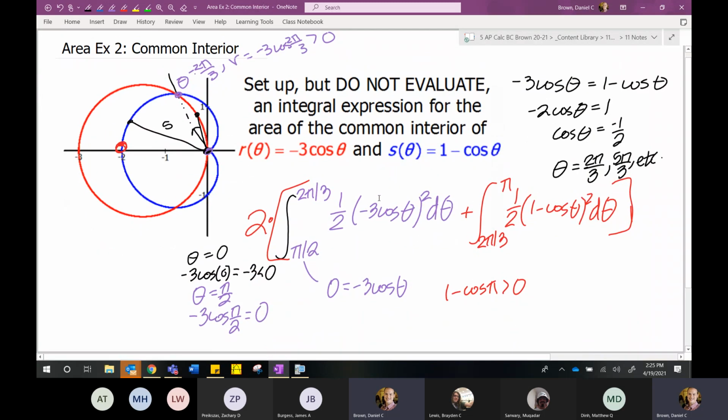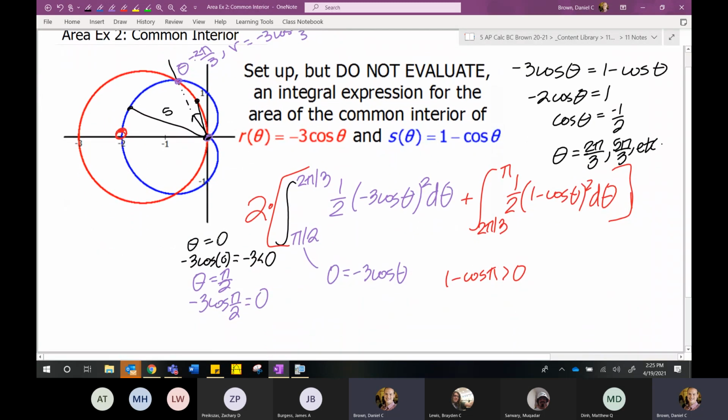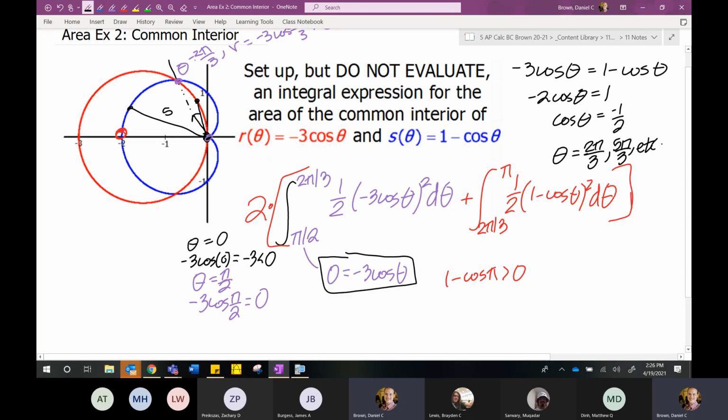Same thing with another one I picked an area for, this one. I said, let's try 0, let's try pi over 2, because ultimately I find that's the faster way to do these problems. The longer way would have been to say this area starts at the pole, so let's figure out when this equation is equal to 0 and go from there.